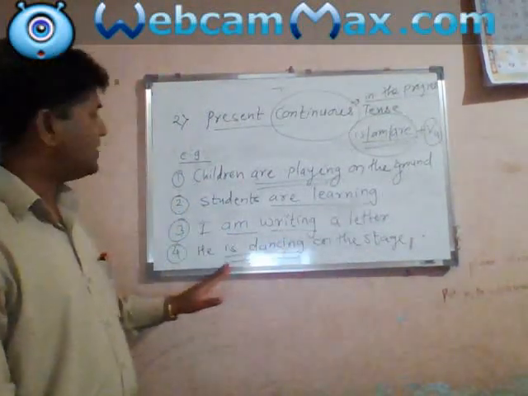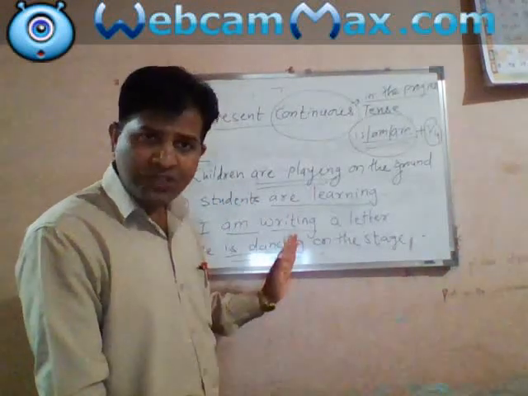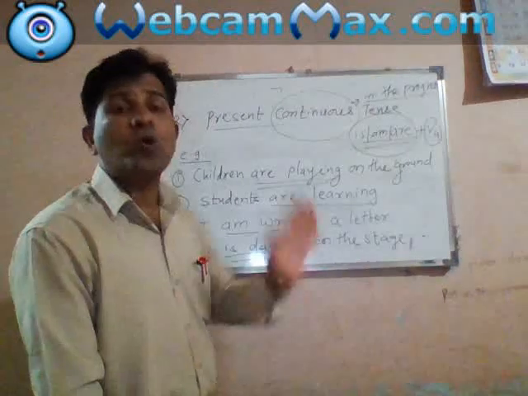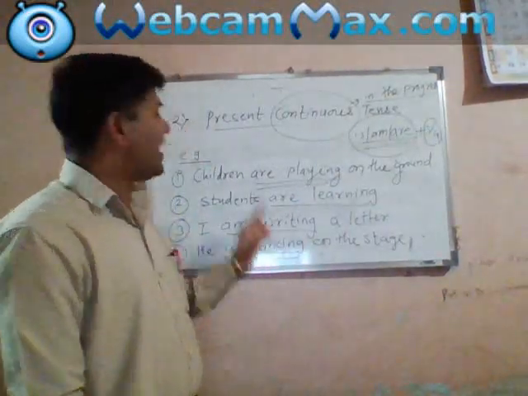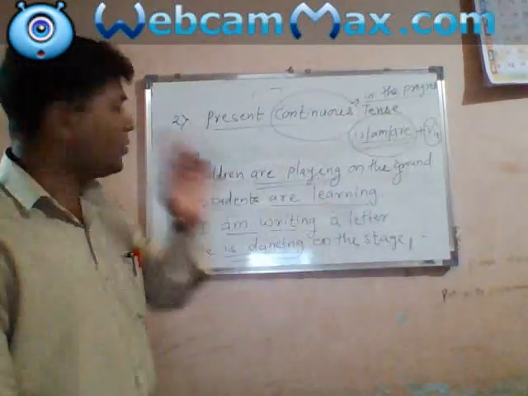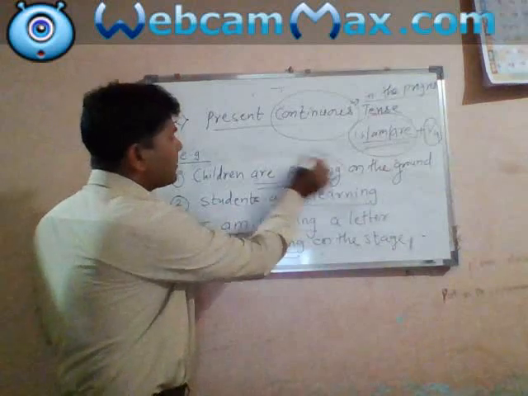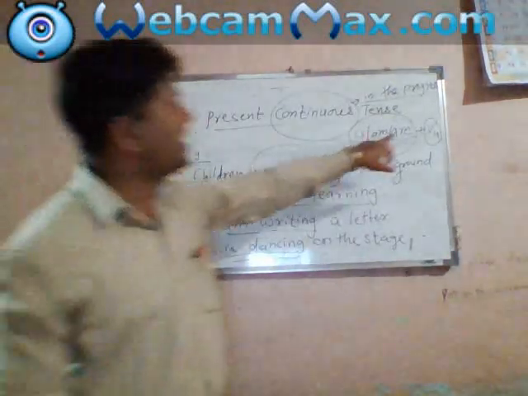These all sentences denote progressive action. Progressive action, when the action is going on or the action is in progress. Now you see here, are playing. What did I say here?